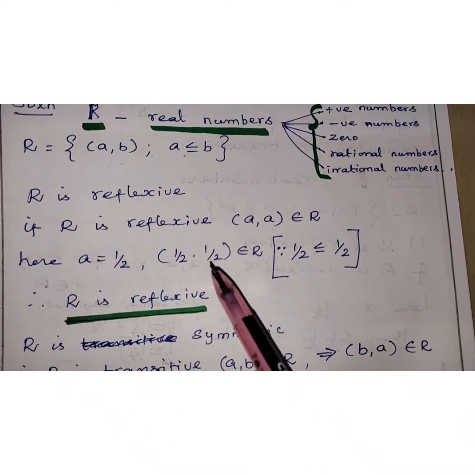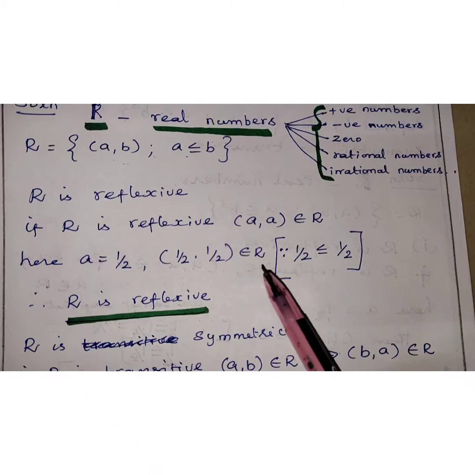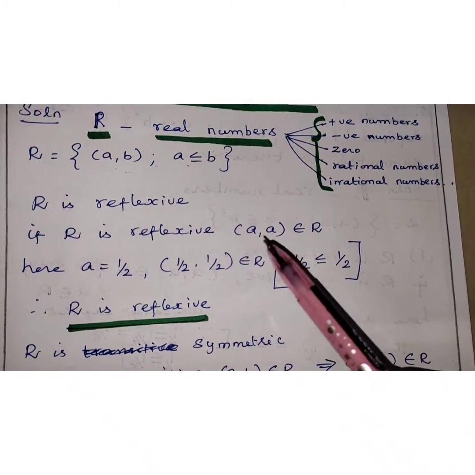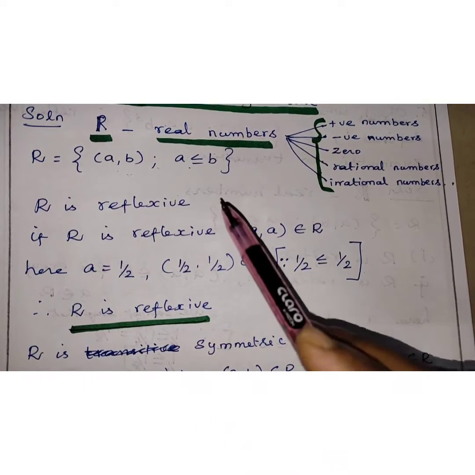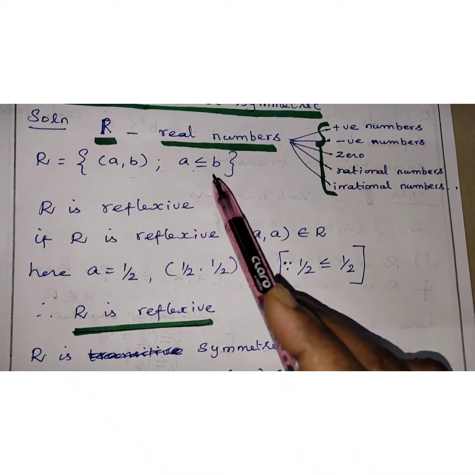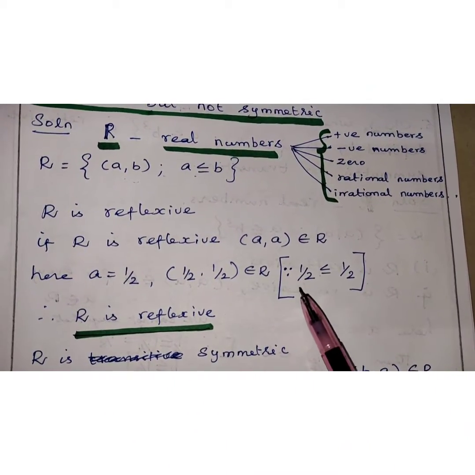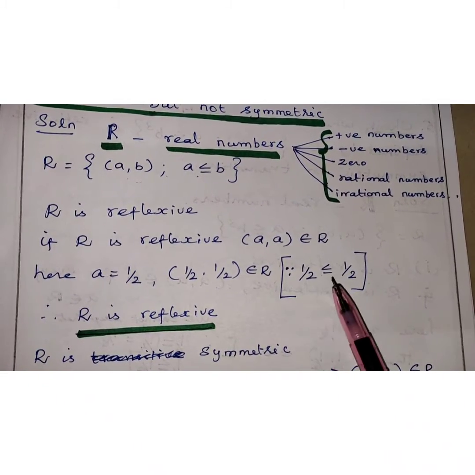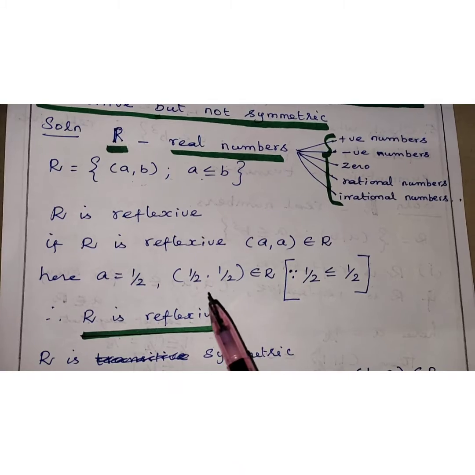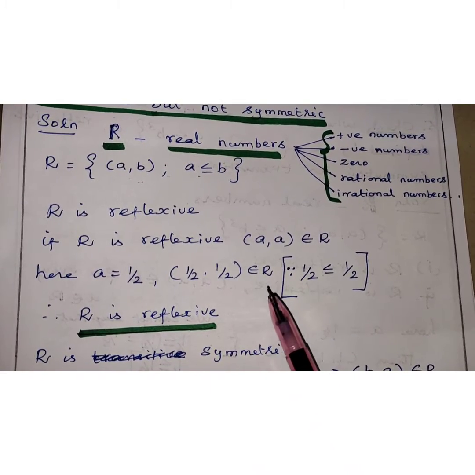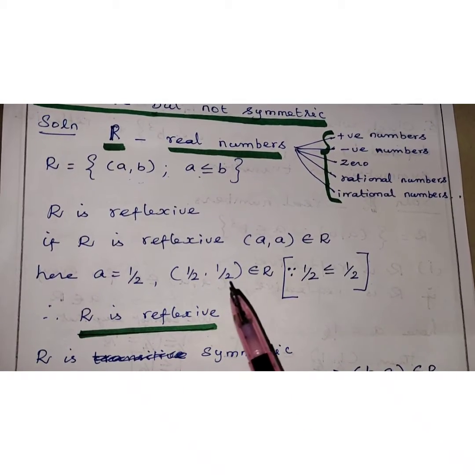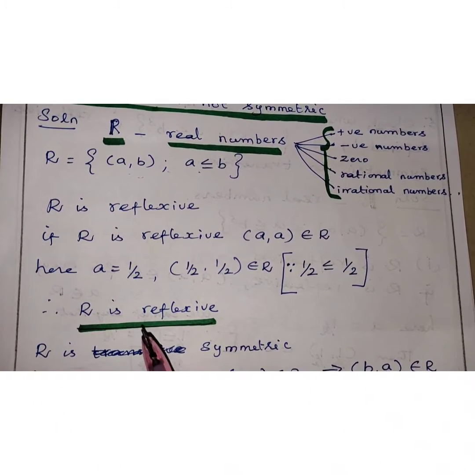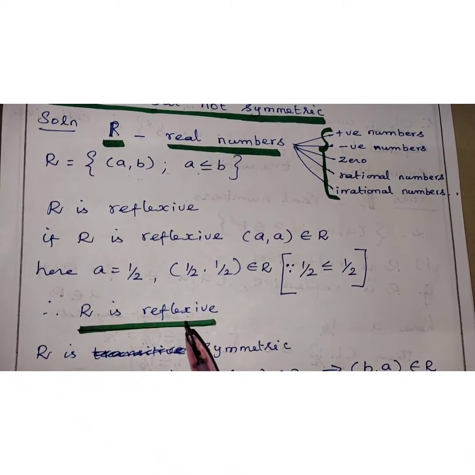Therefore (half, half) belongs to R, because from the given relation condition, a less than or equal to b, half is less than or equal to half, the same number. Therefore (half, half) belongs to R, and the relation R is reflexive.